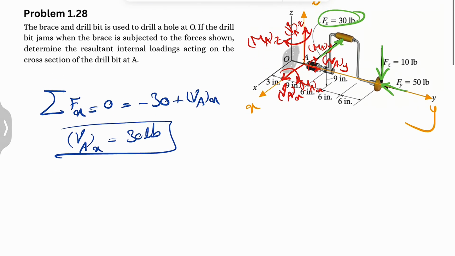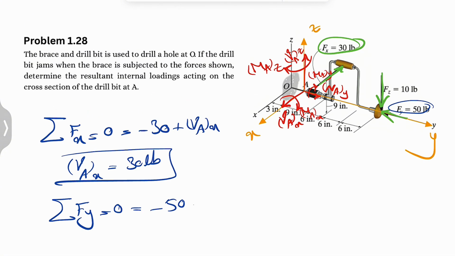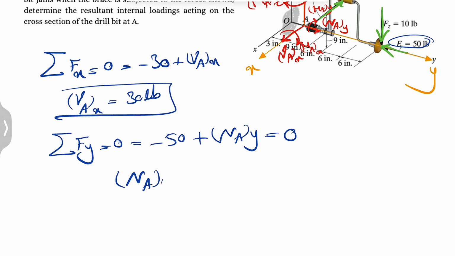That's our first one. Let's move on to the sum of all forces in y. So we have this force 50 pounds that is also negative, so negative 50. And we have the normal force, which we assumed is positive, so plus, equals 0. And we can find the normal force, which is going to be 50 pounds.